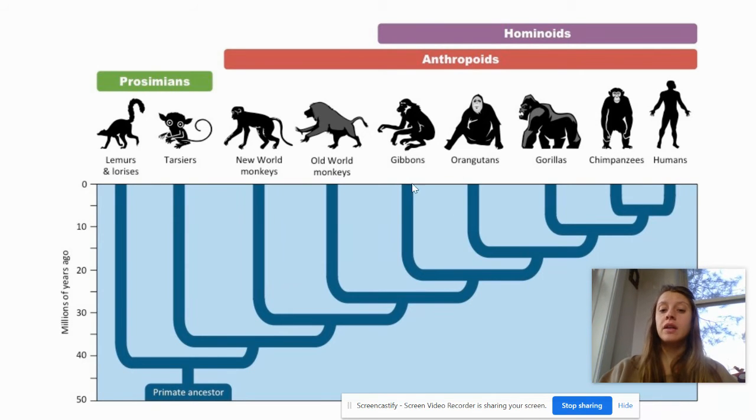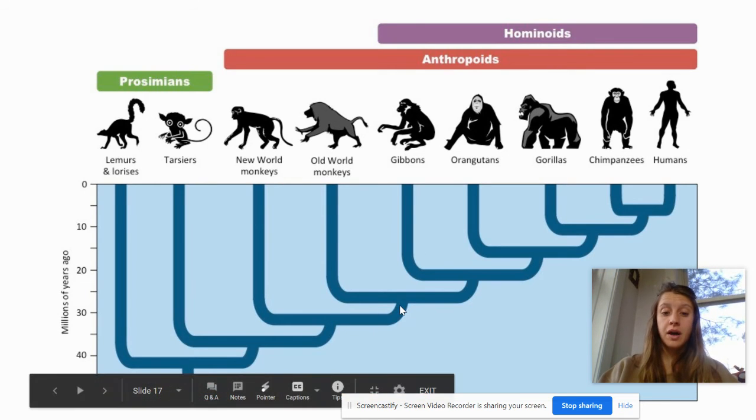And you can do that for any of the organisms on here. So if I asked you how many millions of years ago humans and old world monkeys shared a common ancestor, you would go to this branching point, because this speciation event shows us the most recent common ancestor of old world monkeys and humans. That is also the same as when old world monkeys and gibbons shared a common ancestor.